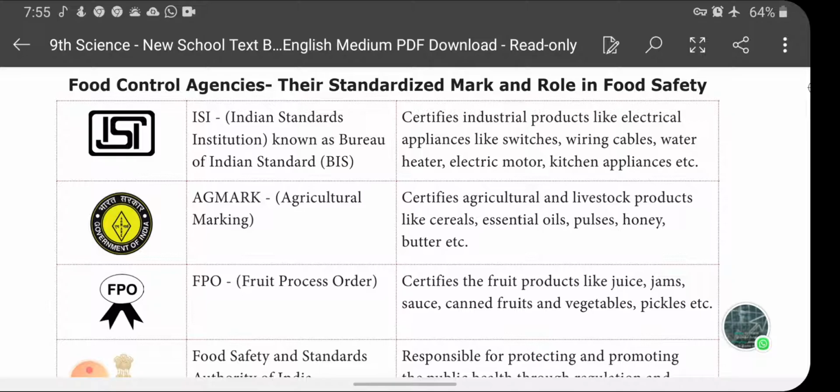Next one is AGMARK. AGMARK is a standardized mark for agricultural marketing.